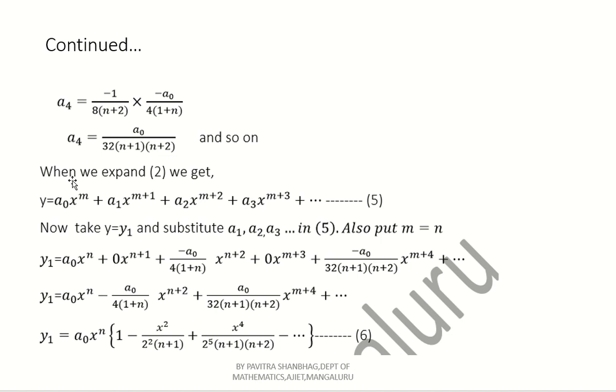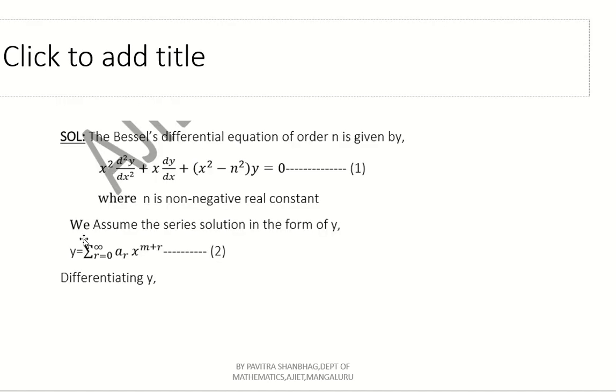Now, when we expand expression 2, what will we get? That is the given expansion: y equals summation r from 0 to infinity a r x power m plus r.